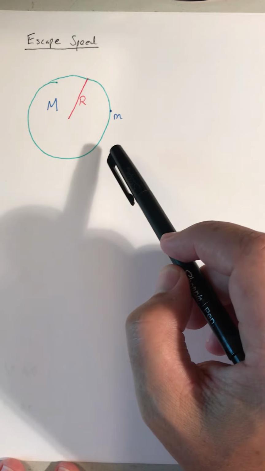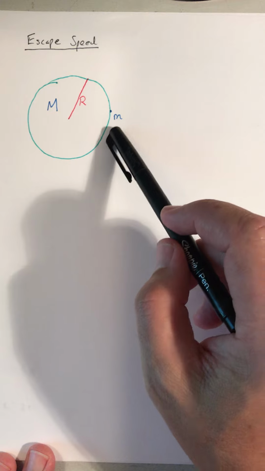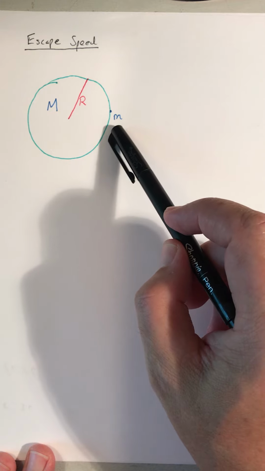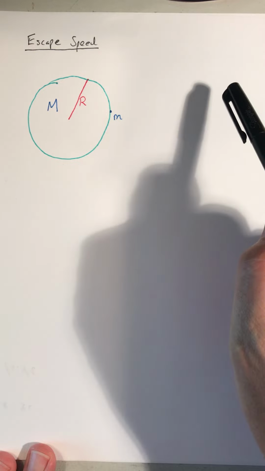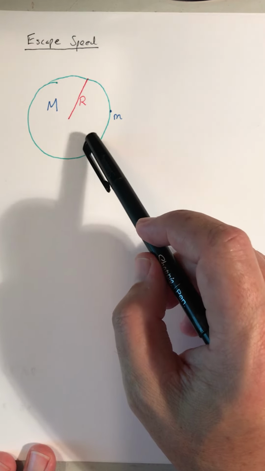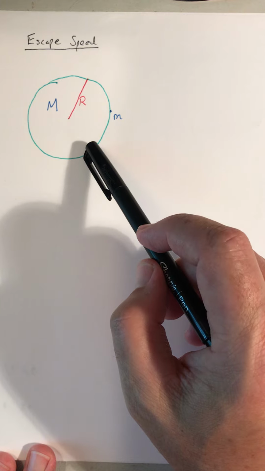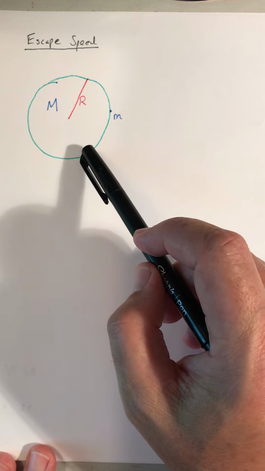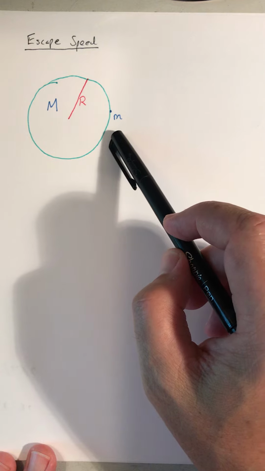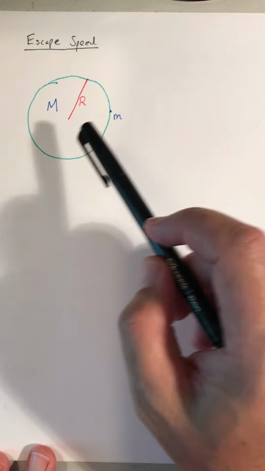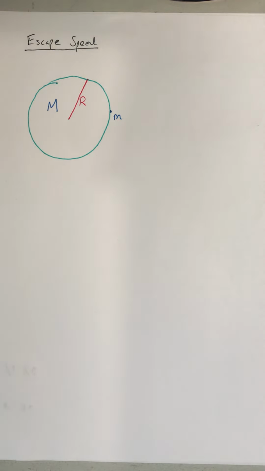The basic idea with escape speed is how much kinetic energy does this little mass m have to get infinitely far away from this gravitating object. And basically you can think of that as how fast does the mass little m have to be moving such that it can overcome the force of gravity from this planet.